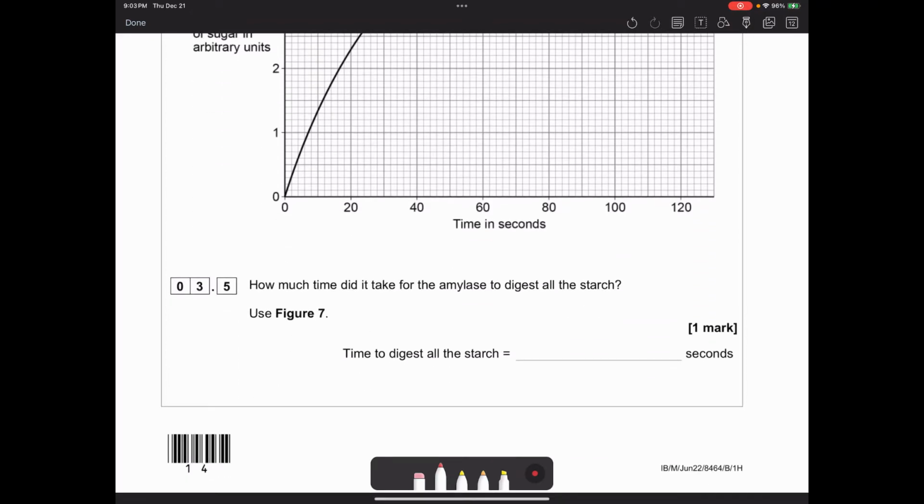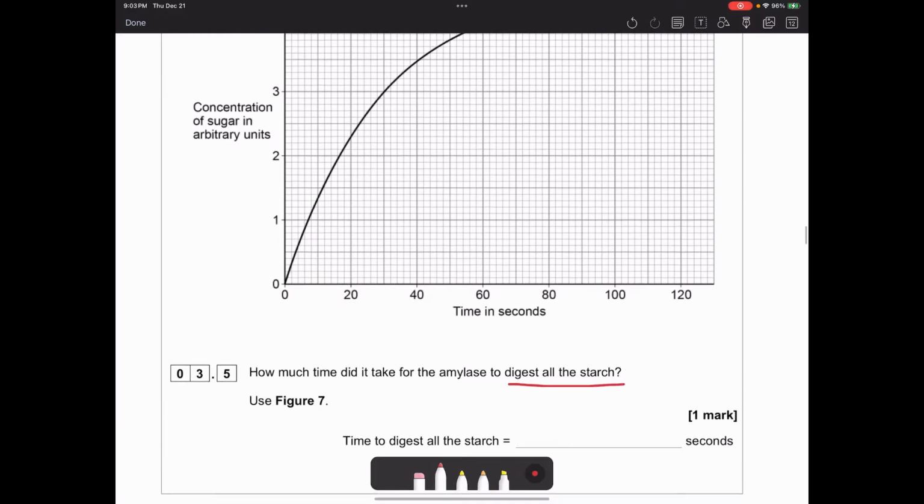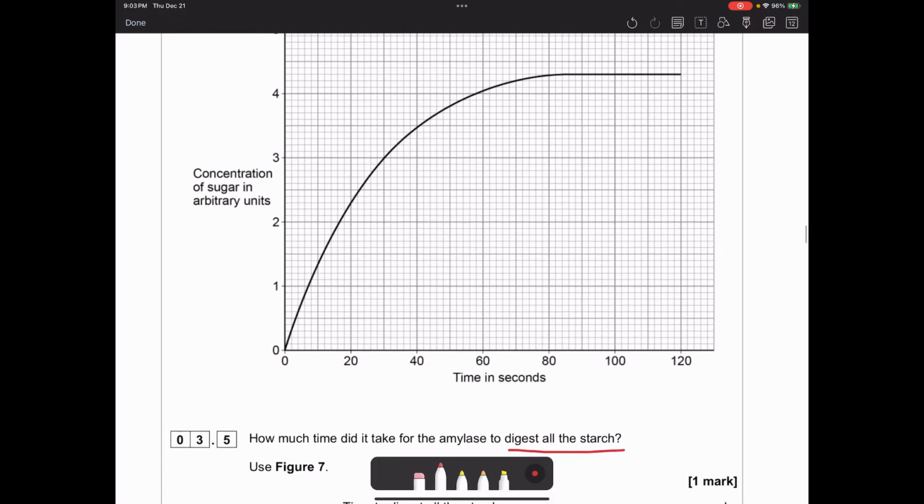It says, how much time did it take for the amylase to digest all of the starch? Okay, so we know that starch gets broken down into glucose or sugar. So at what time did it take to break down all of the starch? Well, the sugar stops going up at this point here. So I would be saying that it's when it goes totally flat.